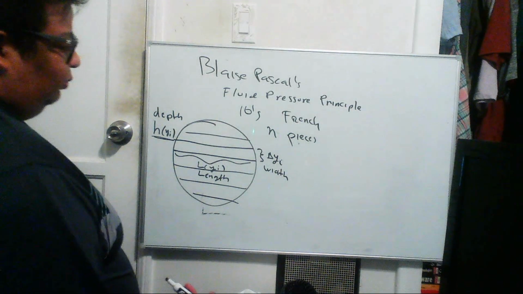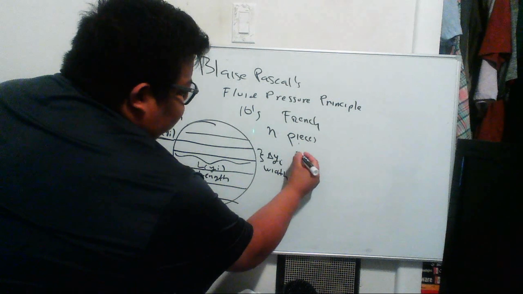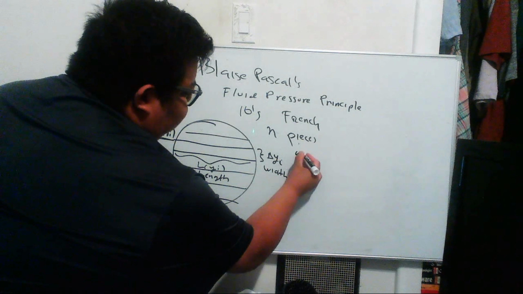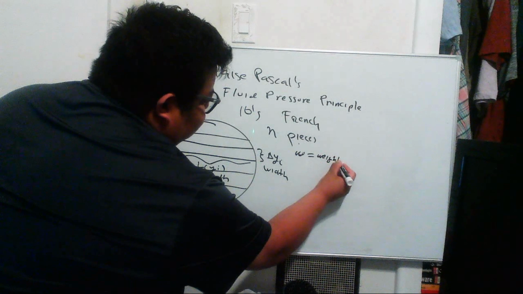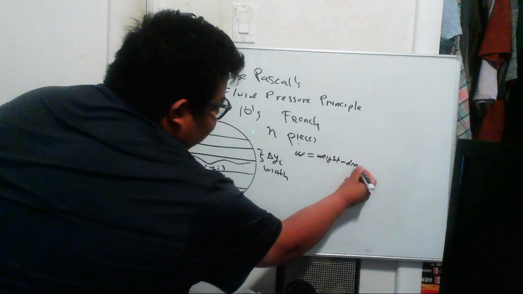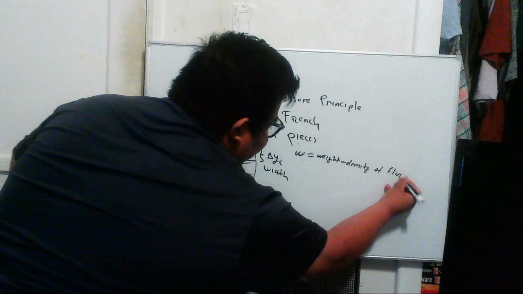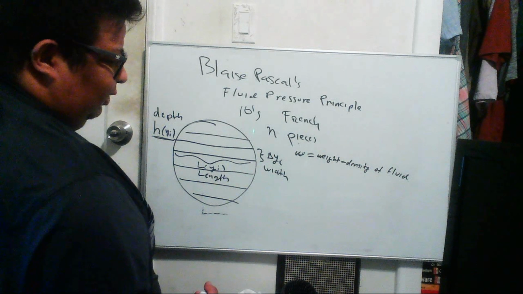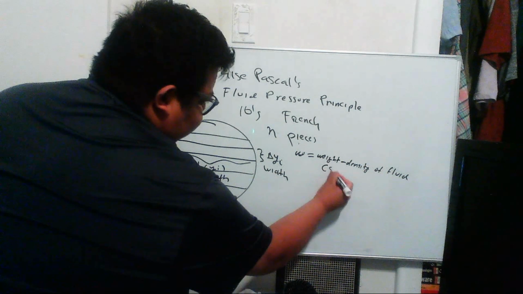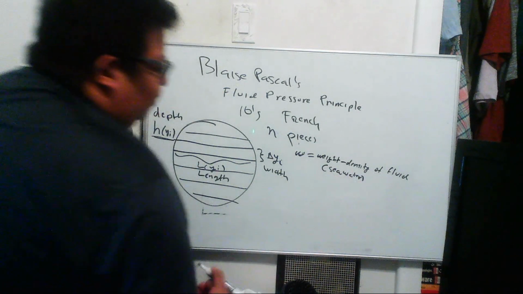So what you're gonna do, so w is equal to the weight density of the fluid. So the fluid could be water, it could be seawater, or another fluid.